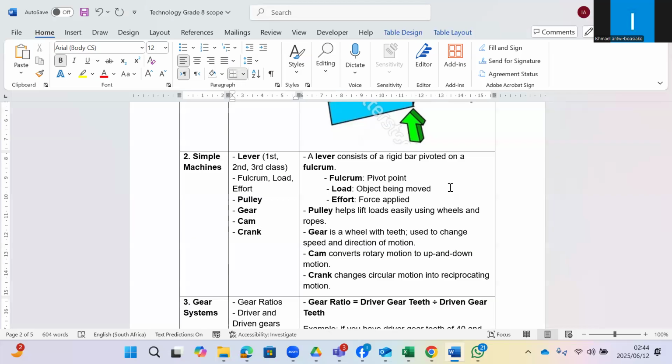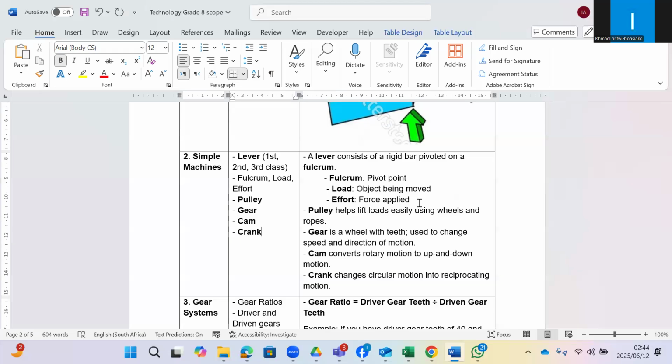That is what we call the lever. So the lever has 3 parts: fulcrum, load, and effort. The effort is the force that is being applied, the load is the object that's being moved or cut, and the fulcrum is the pivot or the middle point.